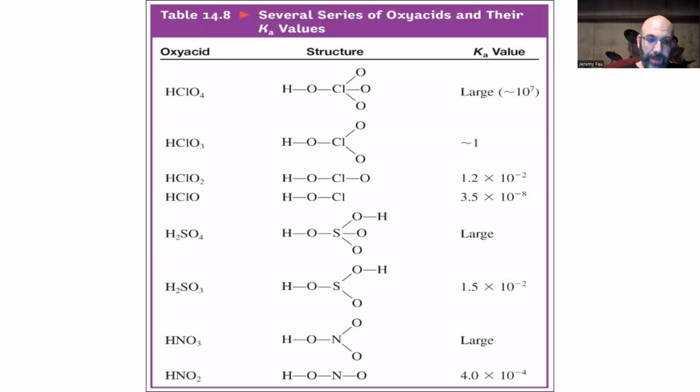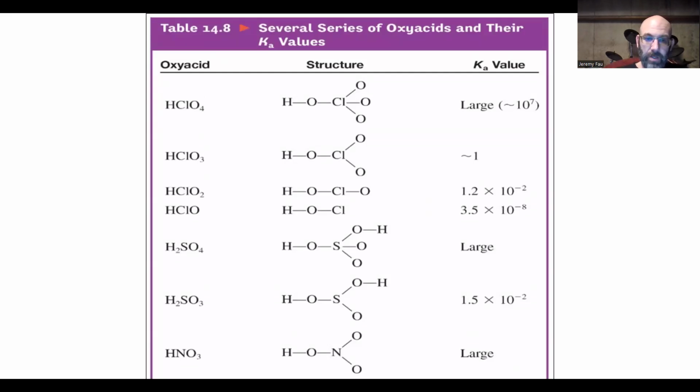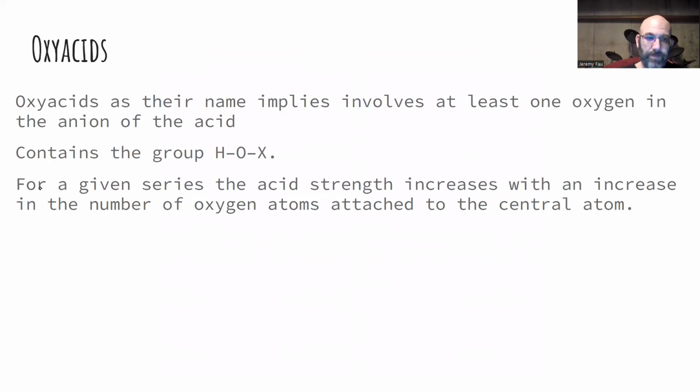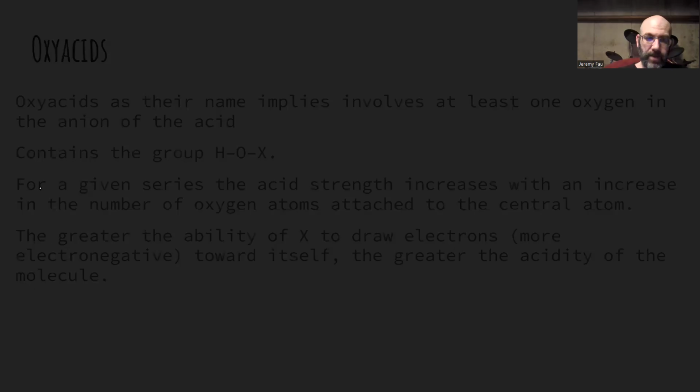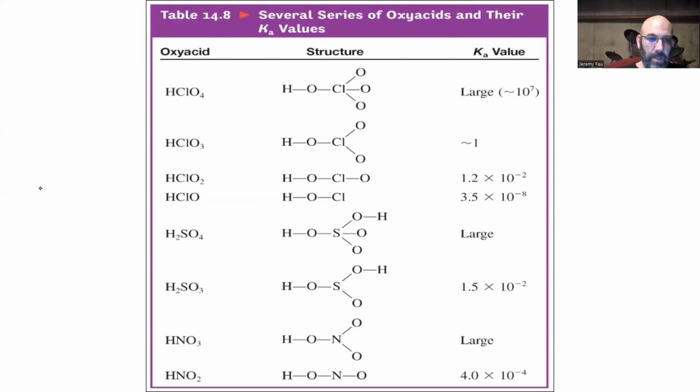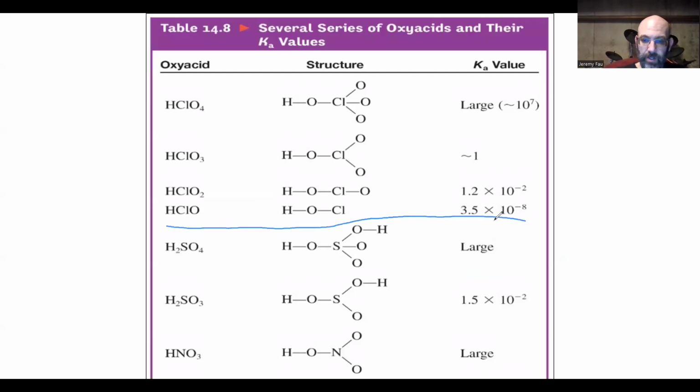So if we look at these top four, these are perchloric, chloric, chlorous, hypochlorous acid.